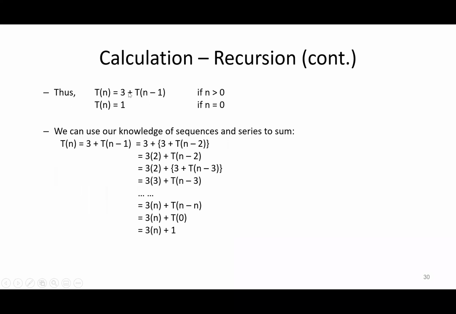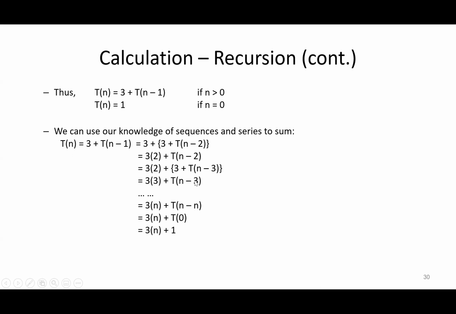Now we just have to figure out what is this T(n minus 1). Okay, so in order to know what is this T(n minus 1), we can use the knowledge of the sequences and the series to sum. Where this 3 plus T(n minus 1), we can expand this part here: 3 plus T(n minus 2). Then we accumulate all the 3 out, like 3 plus 3 plus T(n minus 2), so equals to 2 times 3 plus T(n minus 2).